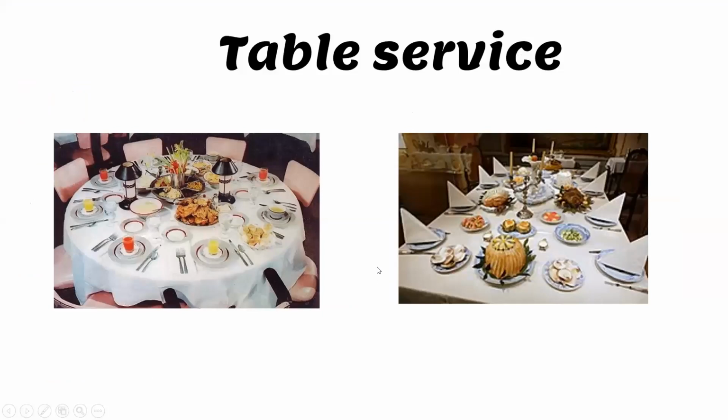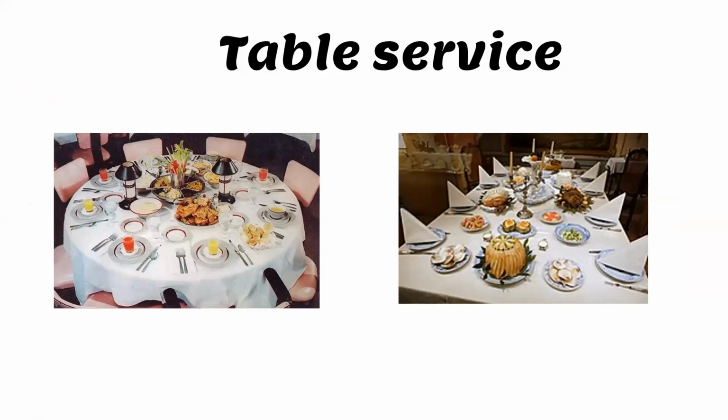Okay, so we are now in table service. What comes into your mind when we say table service? Usually in a restaurant, the guests are just seated and the menu is presented.